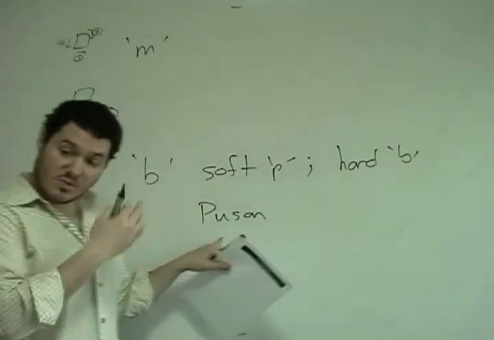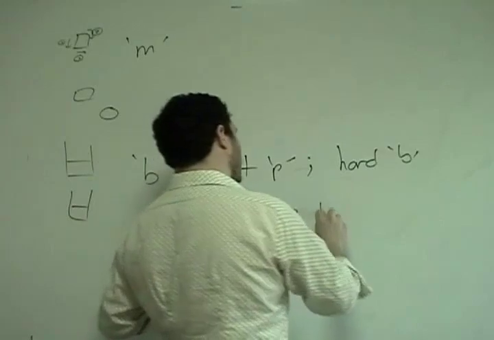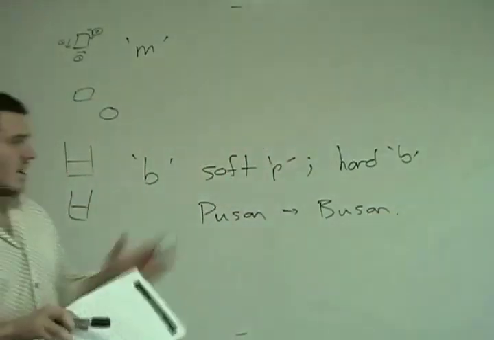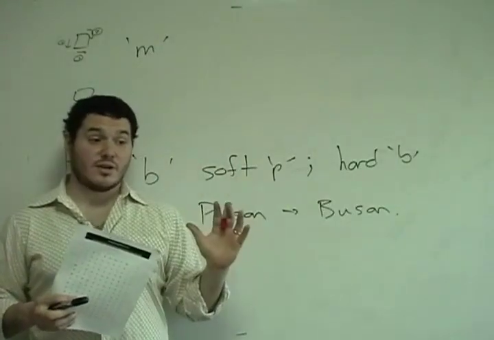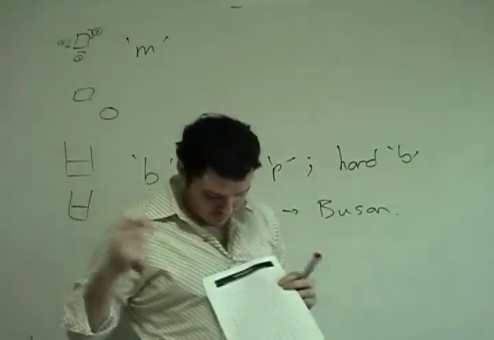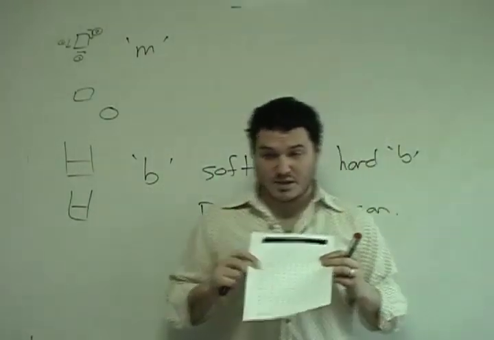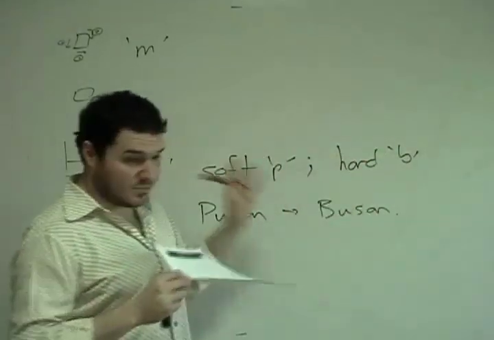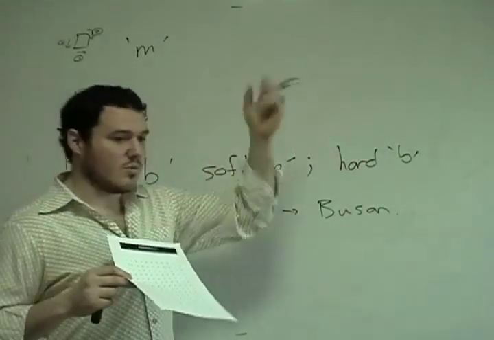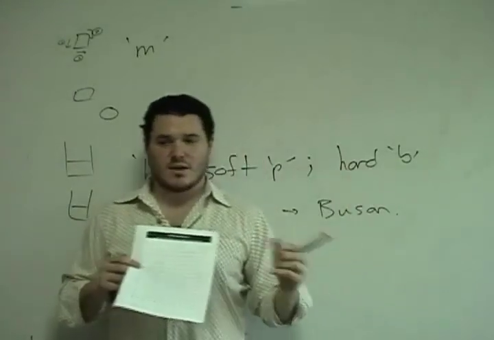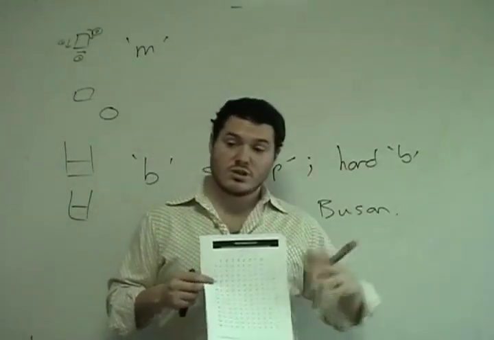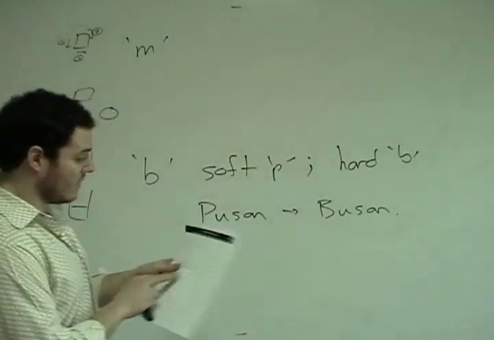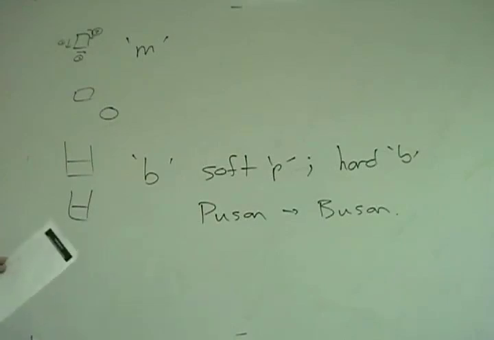Busan used to be spelled with a P, now it is spelled with a B. This soft and hard business, these are the only three that you'll see it for: the G, the first one, the D, and the B. If it's confusing right now, just for simplicity's sake, remember it as a G, a D, and a B. When we're reading and when we see the rules, I'll certainly explain them. We'll practice them as to when it becomes harder.